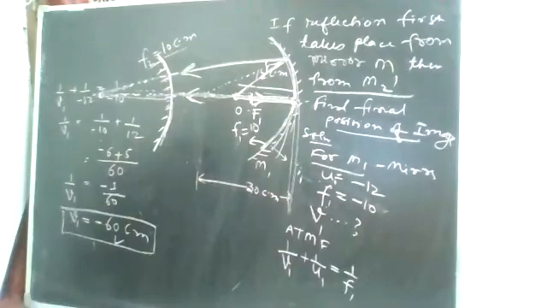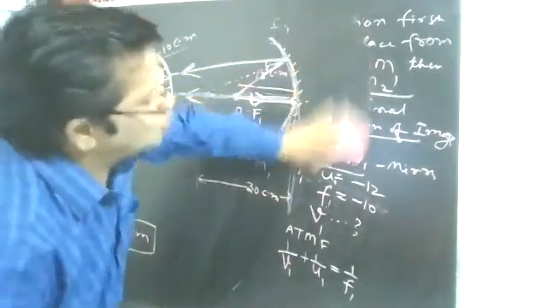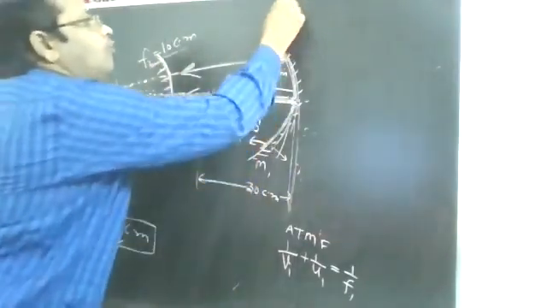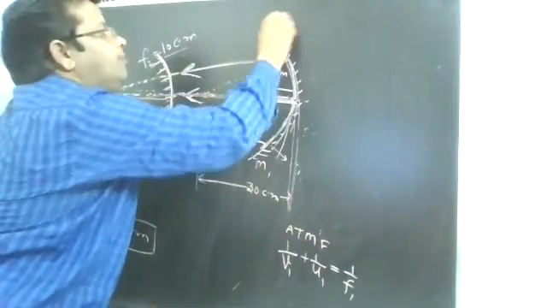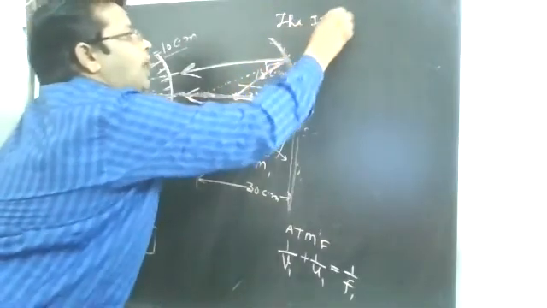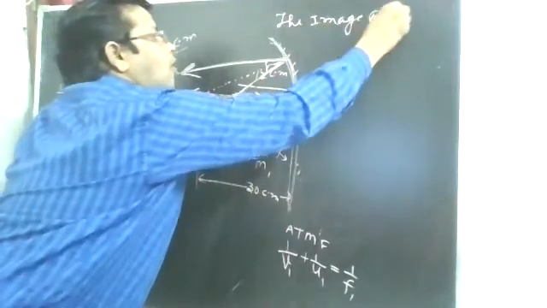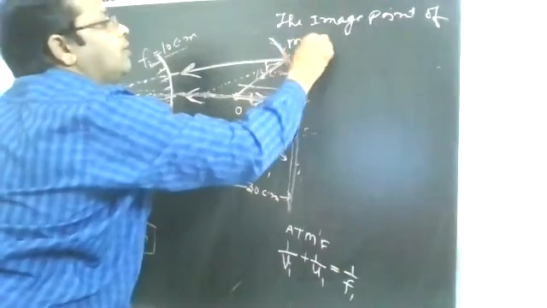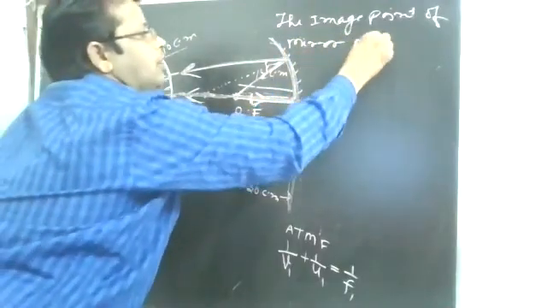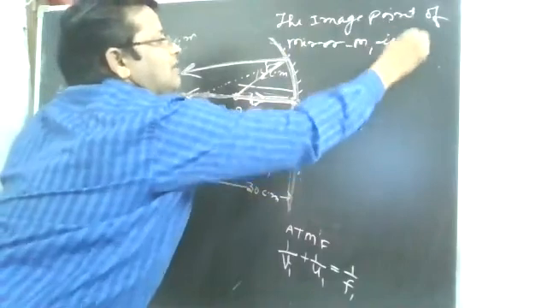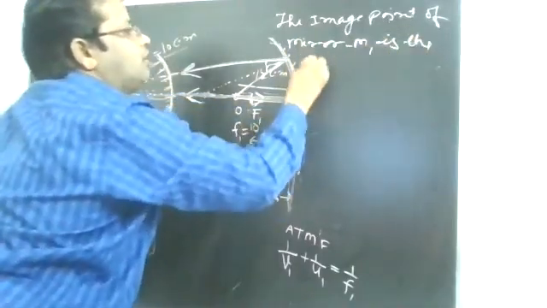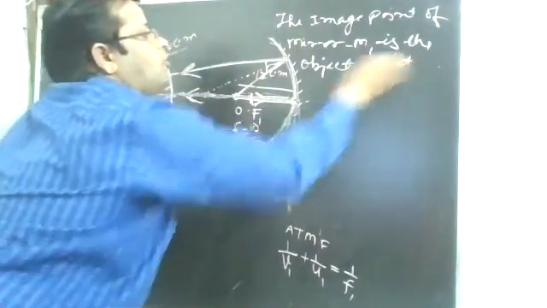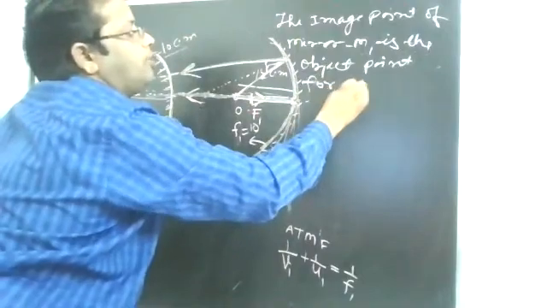Write down here: the image point of mirror M1 is the object point for mirror M2.